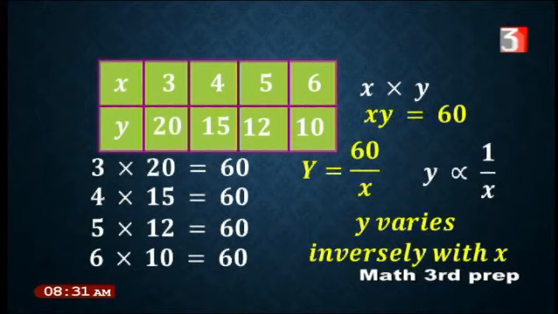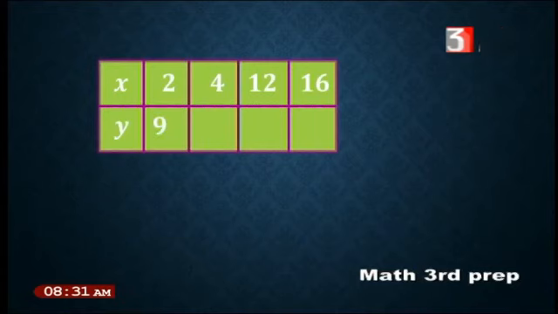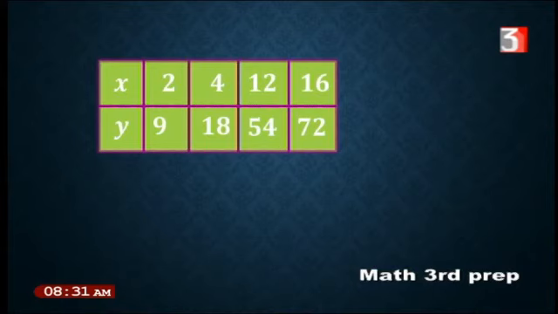Another example. In the table in front of you, you have values of x and equivalent values for y. You are going to notice that the increase in x is equivalent to an increase in y, and also there is a constant value when dividing y by x.